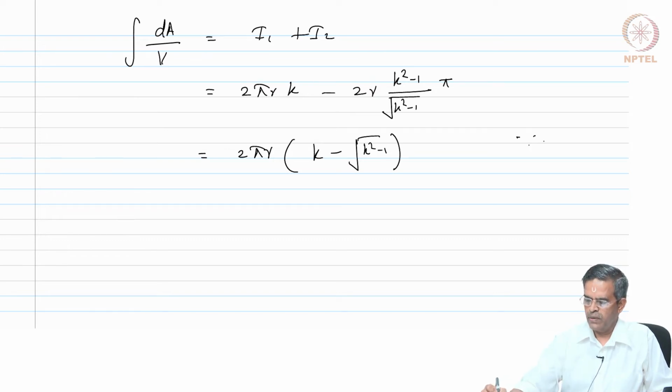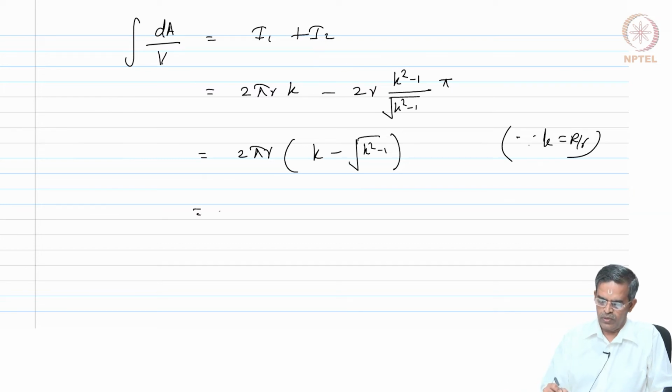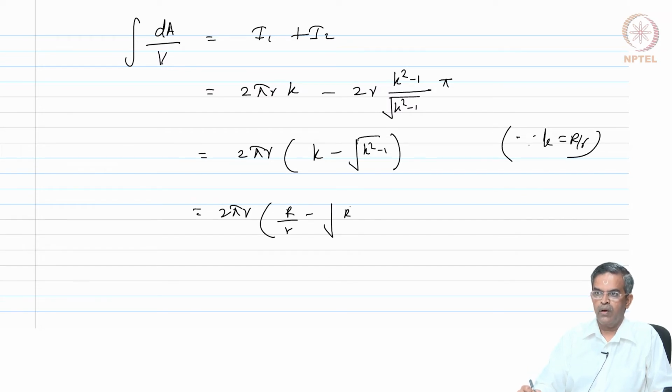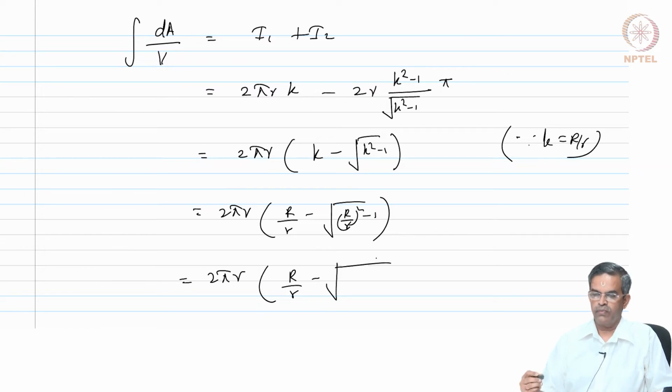So, we know k is R by r. Which is going to be 2 pi r of R by r minus root of R by r whole square minus 1, which will become 2 pi r of R by r minus root of R square minus r square by r square.